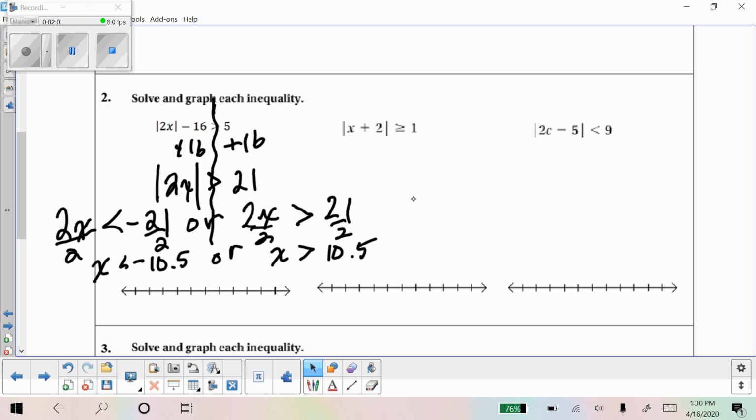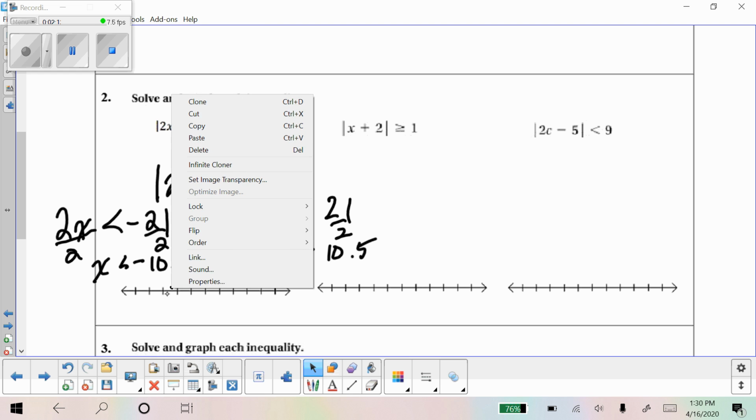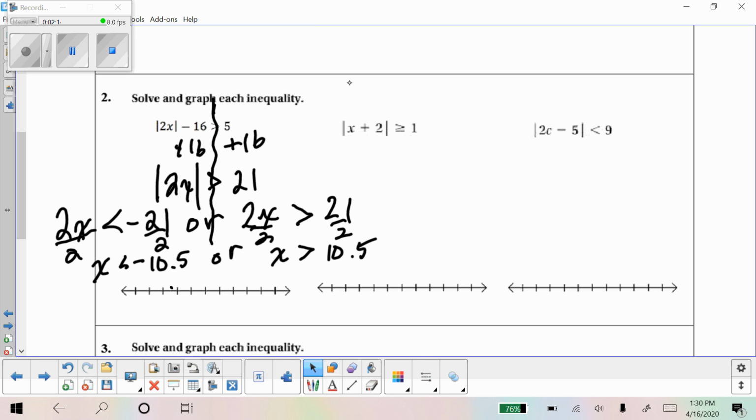Now you might start to think that you're always going to have the same number, just one positive and one negative, but as with absolute value equations, that's not always true. So when we graph an OR, you're going to have a graph that looks like this, and then this, with the negative on this side and the positive on this side.